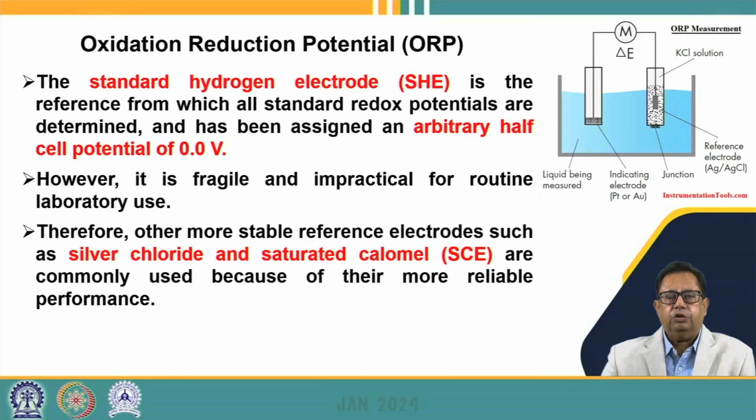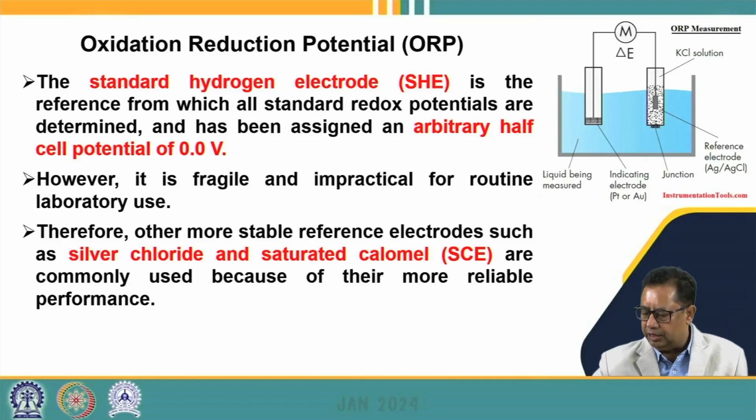So we can measure the oxidation reduction potential by using an electrode, where the standard hydrogen electrode is used as the reference electrode, which has a half cell potential of around 0 volts. But the standard hydrogen electrode is fragile and impractical for routine laboratory use. So that's why we may use silver chloride or saturated calomel electrode as the reference electrode.